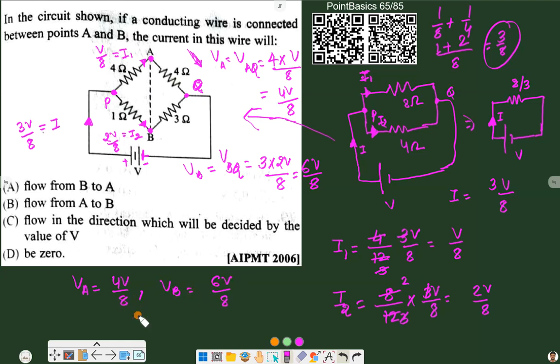As the denominators of both values are the same, we can compare easily and say VB is greater than VA, which means point B is at higher potential as compared to point A. Now if we connect B and A, current always flows from higher potential to lower potential. So current will flow from B to A. Option A will be the right answer. Moving to the next one.